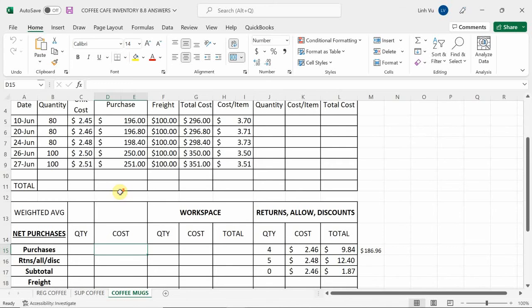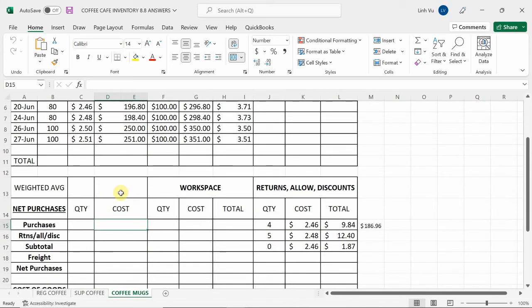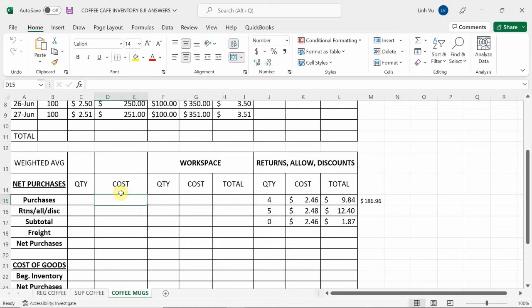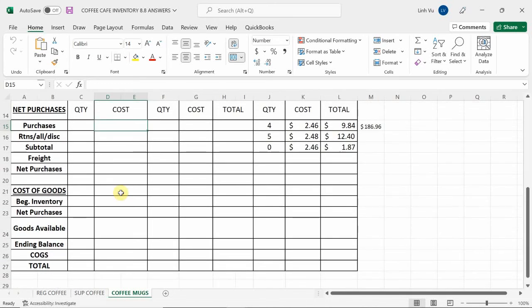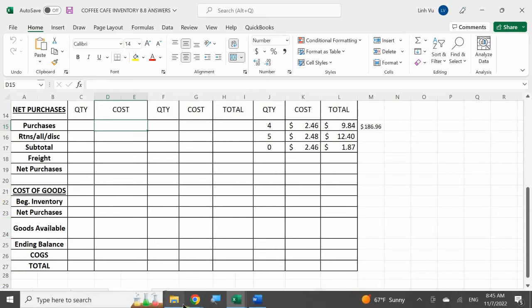We were given that we had 106 coffee mugs left, right?